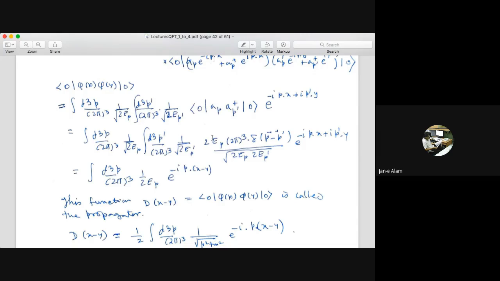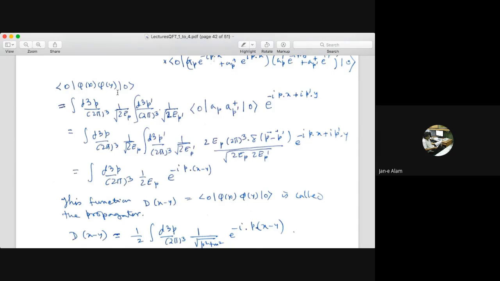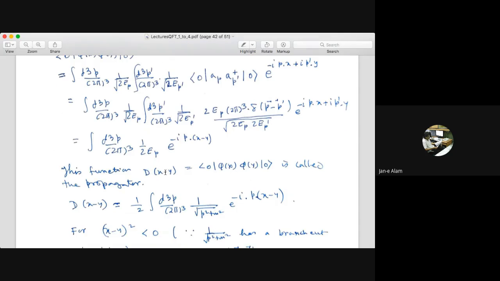So that will give you this 2E times the Dirac delta function, and then you can use this Dirac delta function for the p' integration, and then what you get is ∫d³p/(2π)³ 1/(2E_p) e^(−ip·x). So the probability amplitude for the particle going from y to x is given by this, and this function is sometimes denoted as D(x−y), and this is called the propagator.